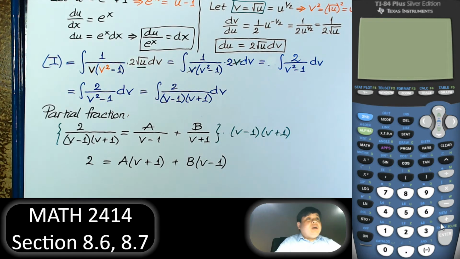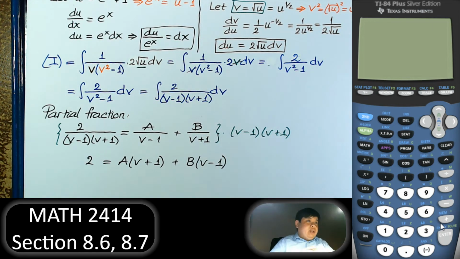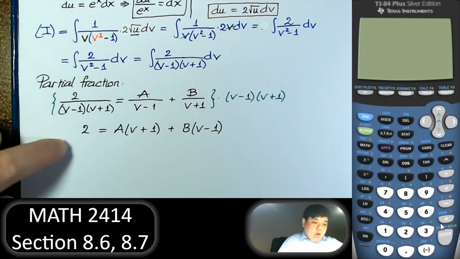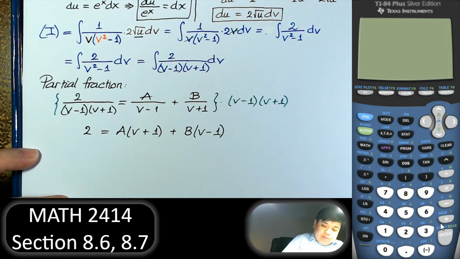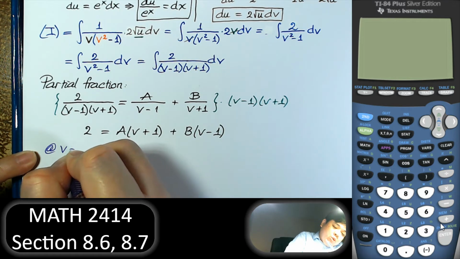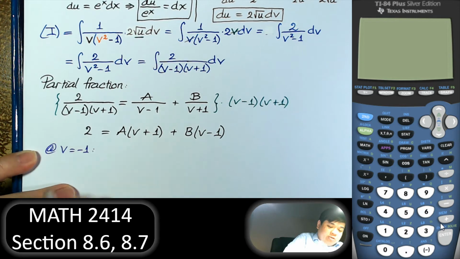Right. Typically we will multiply it out, combine like terms, but we're not going to do that here. What we do is just another way to solve for the coefficients. Here we have v plus 1 and v minus 1. So what happens if we choose v equal to 1 or v equal to negative 1? Start with negative 1 first.